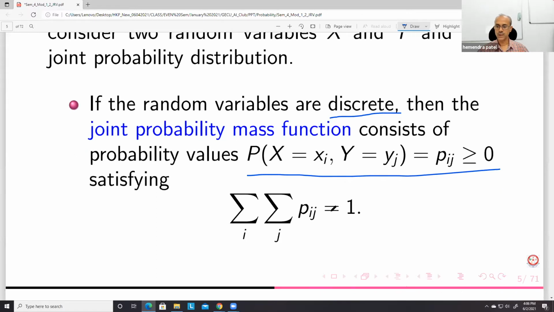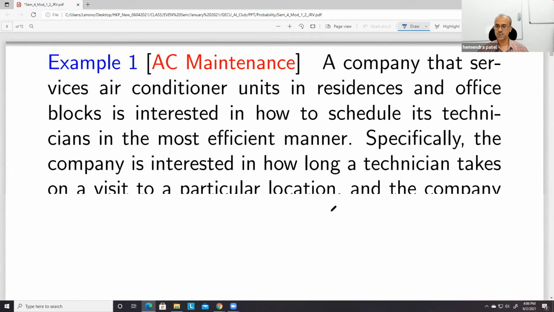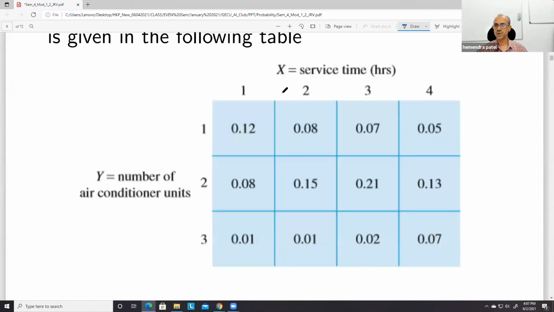It will be very clear if you see the example given here. For example, x is some service time 1, 2, 3, 4 in hours, and y is the number of air conditioners. You can see that the total is equal to 1, and all these are probabilities. If there is 1 air conditioner and it took 1 hour of time, the probability is 0.12.